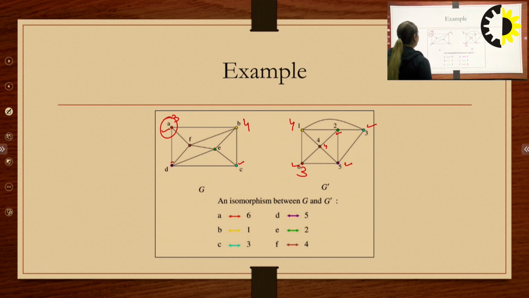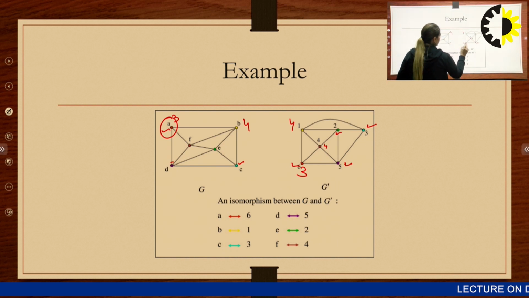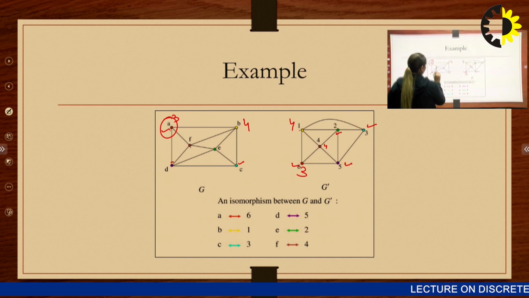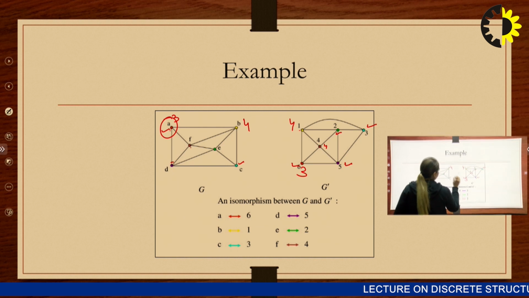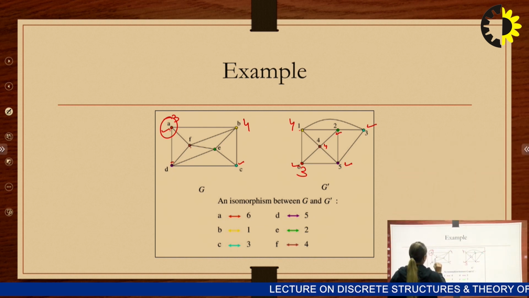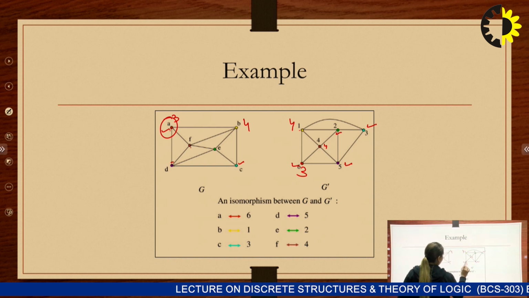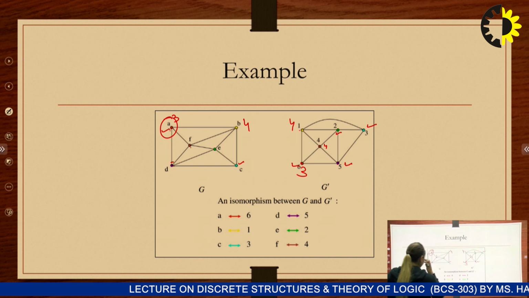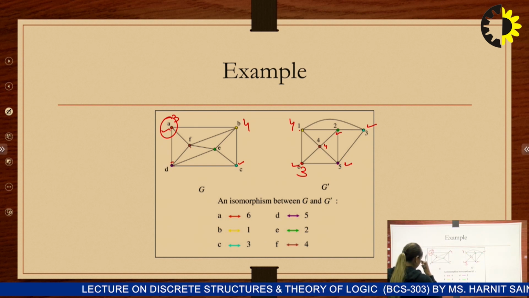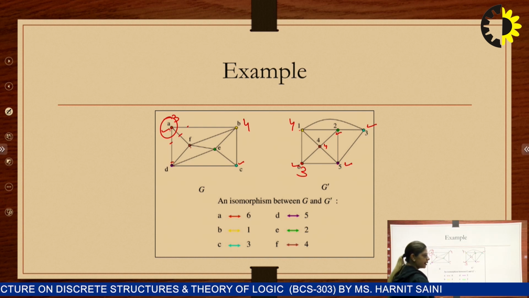A is connected to, means the red vertex is connected to yellow, red and light red, then red to purple, right? All these edges are there.